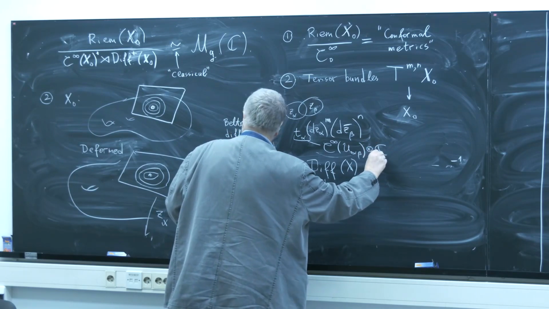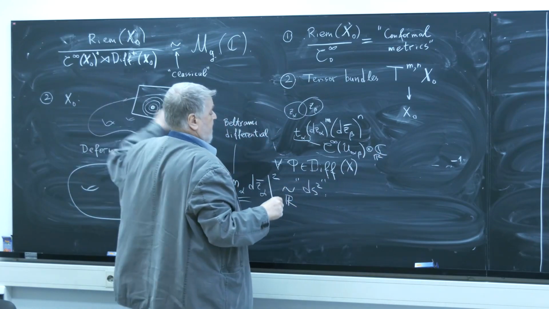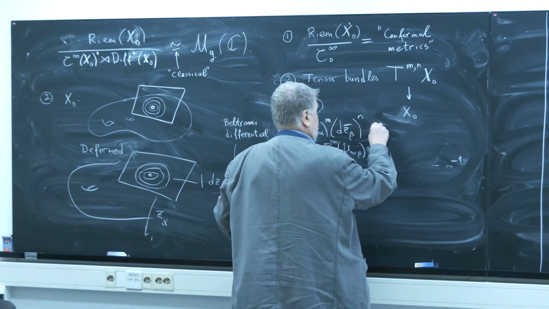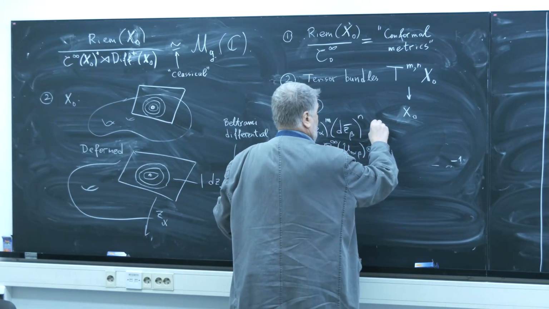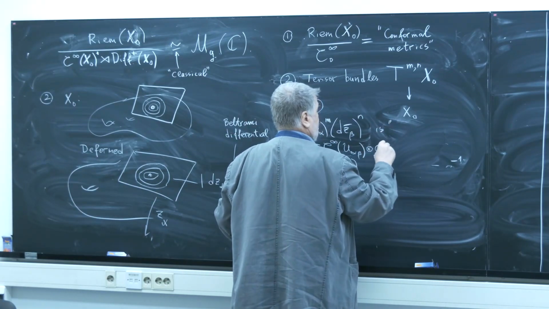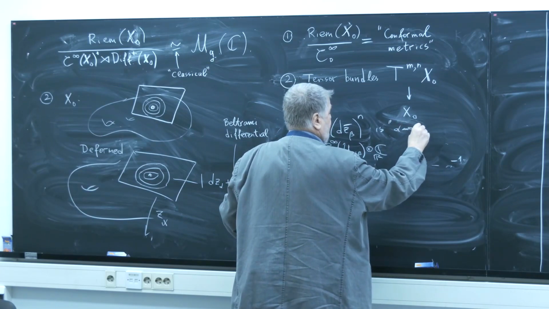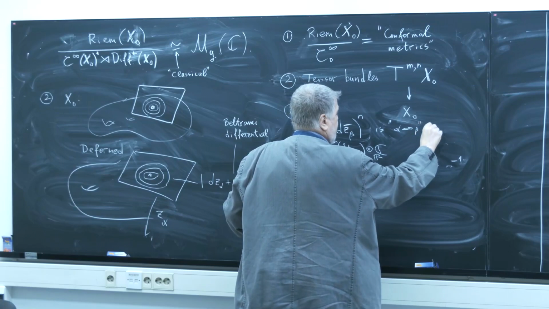Unlike what we meant here, it is complex valued. So let me write it a bit informally, alpha beta invariant.